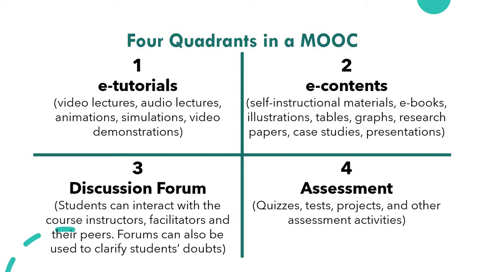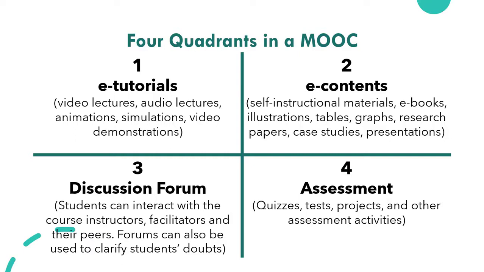All these activities in the 4 quadrants can be considered as interactivities because in some way or the other they fall into different levels of interactivity, which I am going to explain in the next slide. So these activities can be considered as interactivities because our students interact with them through computer software.